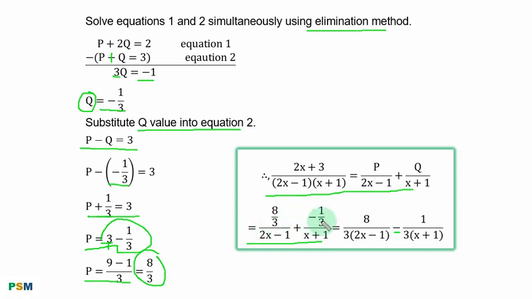You bring 3 down to meet the linear factors, and you have it in this form. If you divide 8 over 3 by 2s - 1, you have this result. Same for the second term, which is equal to this.